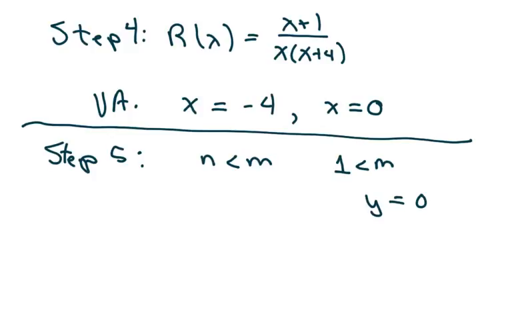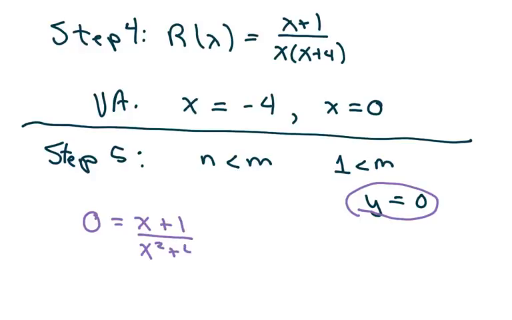Okay? Now we also have to determine if the graph crosses or intersects the horizontal asymptote. So we set our original equation to this. So we have 0 equals (x plus 1) over (x squared plus 4x). Again, the denominator cancels.